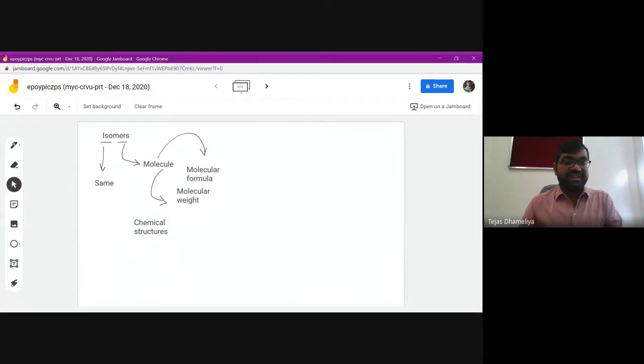We need to identify how these molecules can have different chemical structures, a kind of different bonding with each other. There are so many examples of how these isomers are known. They are the molecules having the similar molecular formula but different chemical structure. So let me show you how these molecules can have a different kind of chemical structure.